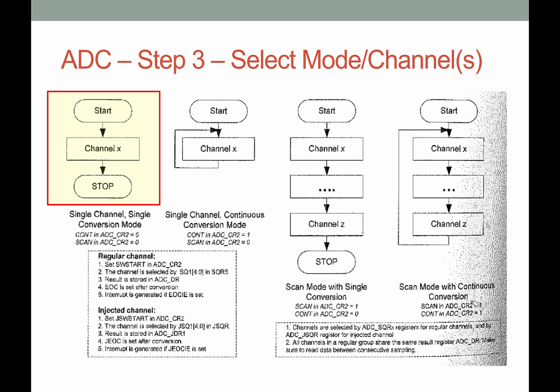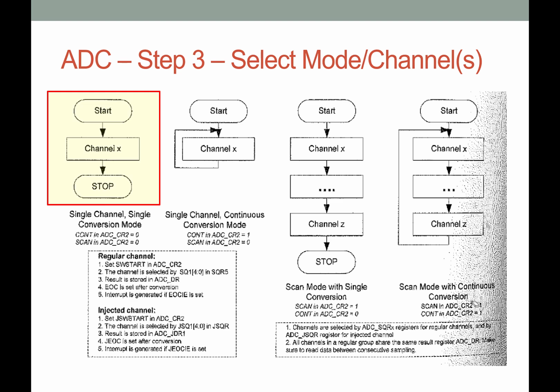We didn't really talk about the injected channels, but one nice thing about injected channels is that each injected channel has its own data register. Whereas if we're using our standard channels, we have to use the same data register for all of those channels. So you need to make sure that if a conversion has been done, you read the data from that data register, or you can end up not reading the right thing.